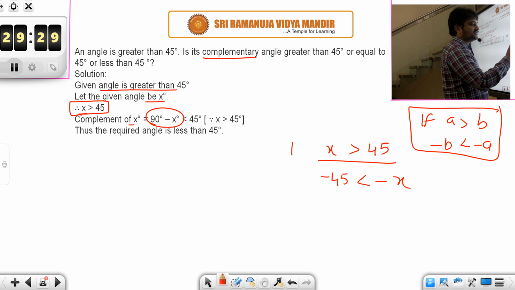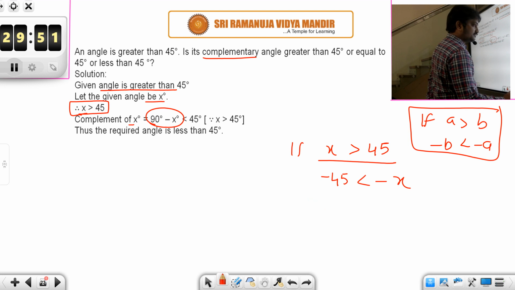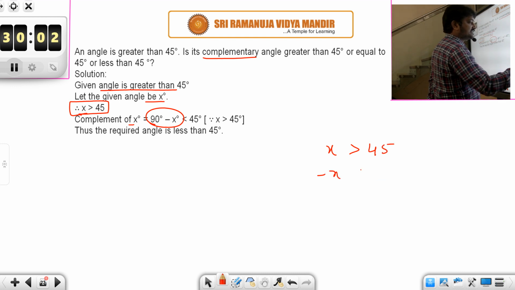So if x is greater than 45, then minus x is less than minus 45.